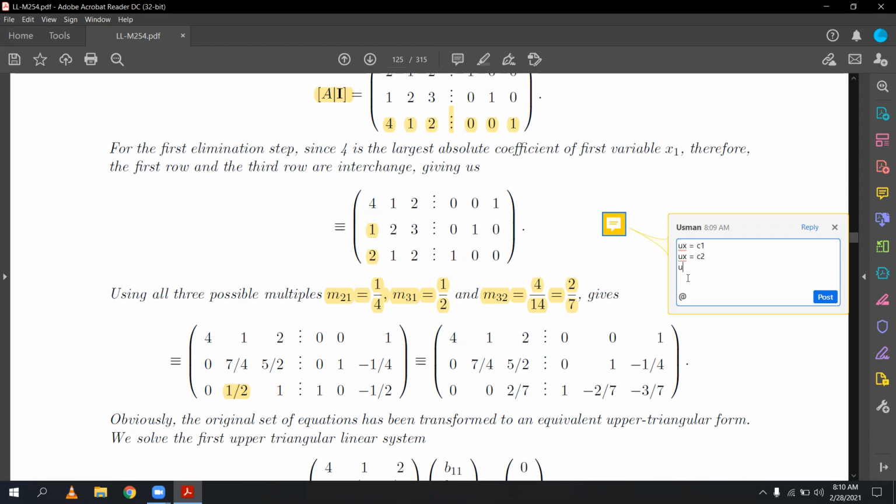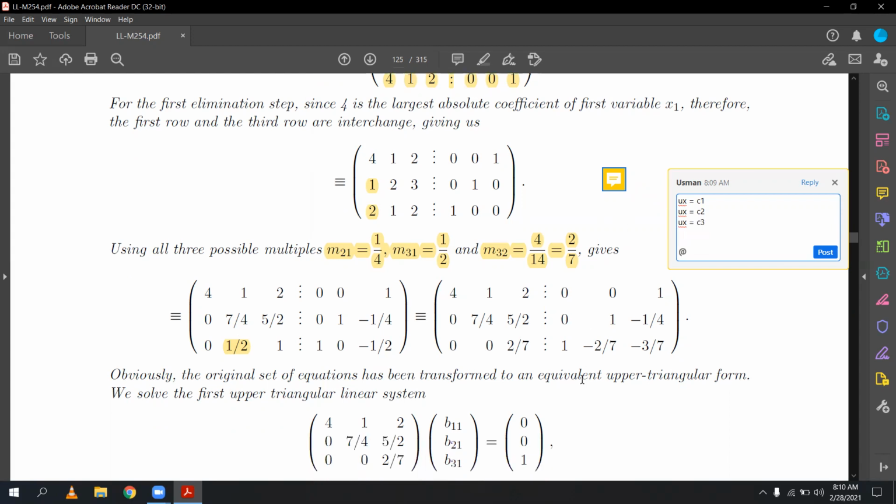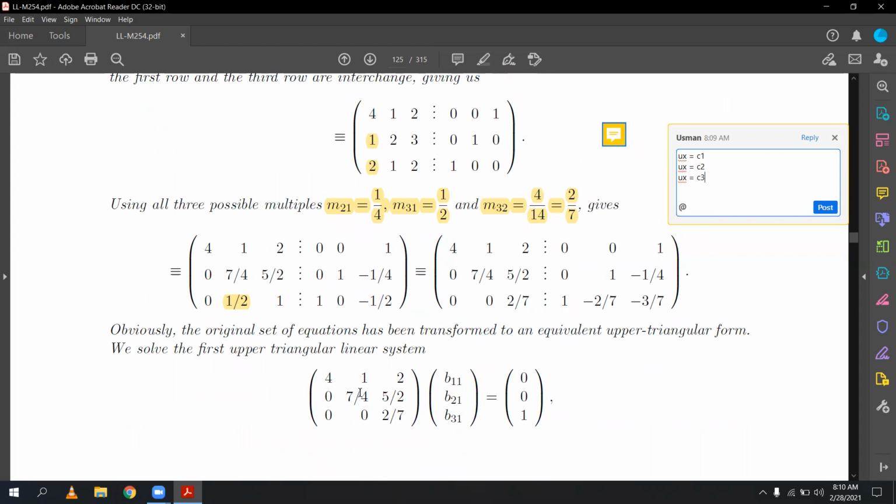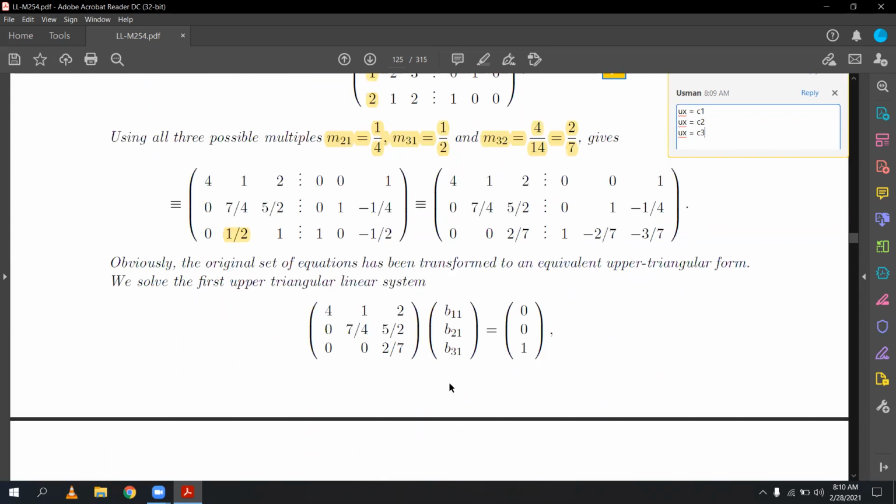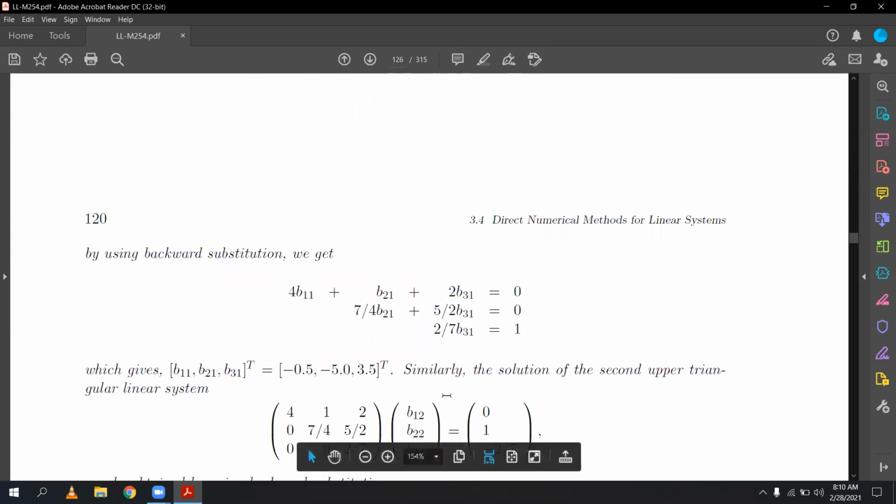And the last one, you use backward substitution again for the third column, which I did here. When I use U, I use the first column, this one, and I find this solution. This is the first column of A inverse, which you can easily see.